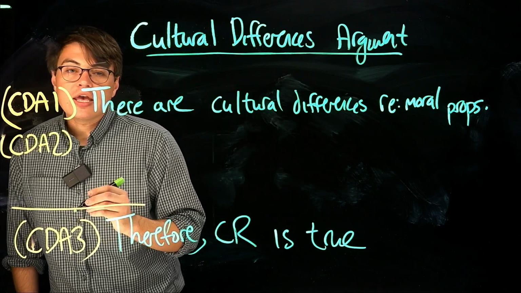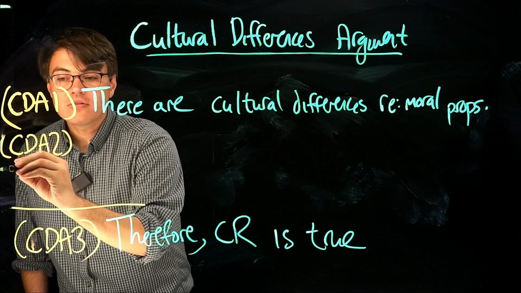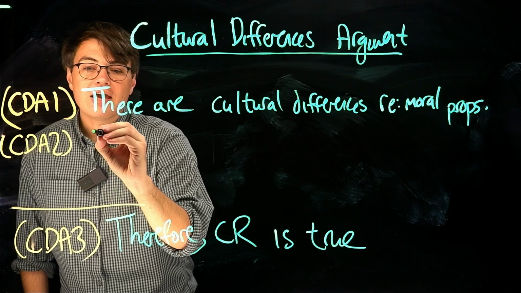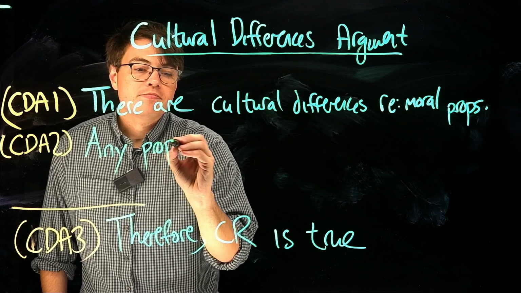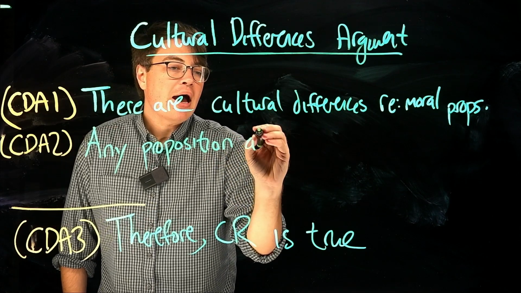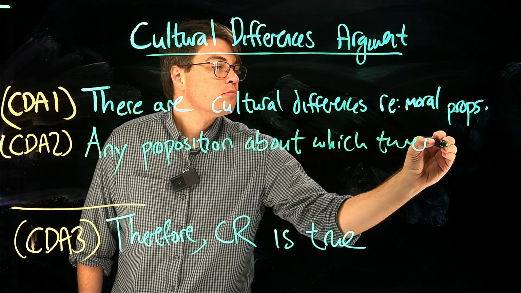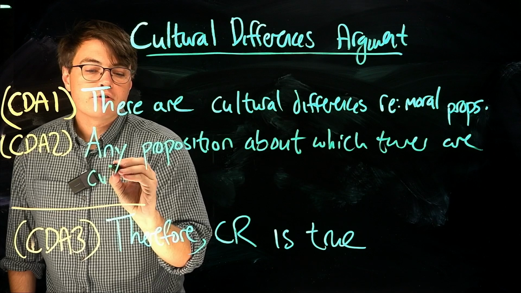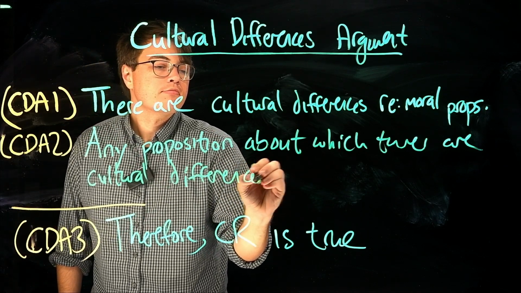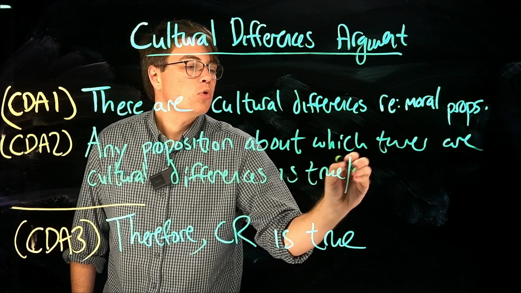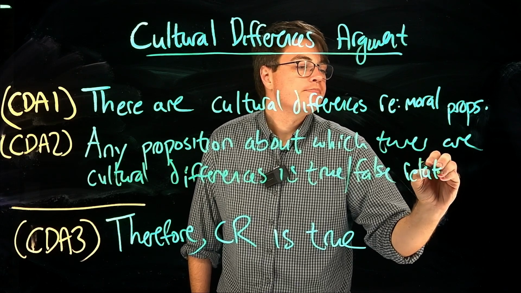So I don't see why we can't just add, to "there are cultural differences regarding moral propositions," another premise that says: any proposition about which there are cultural differences is true or false relative to culture.